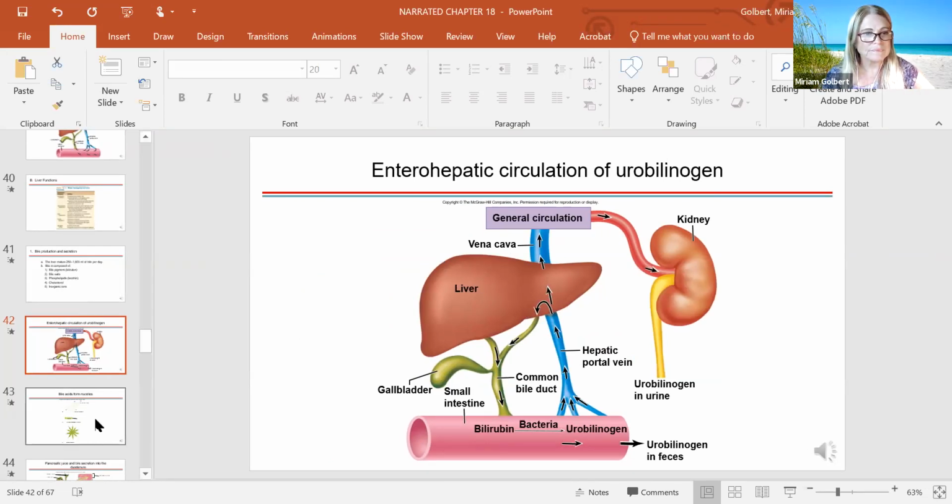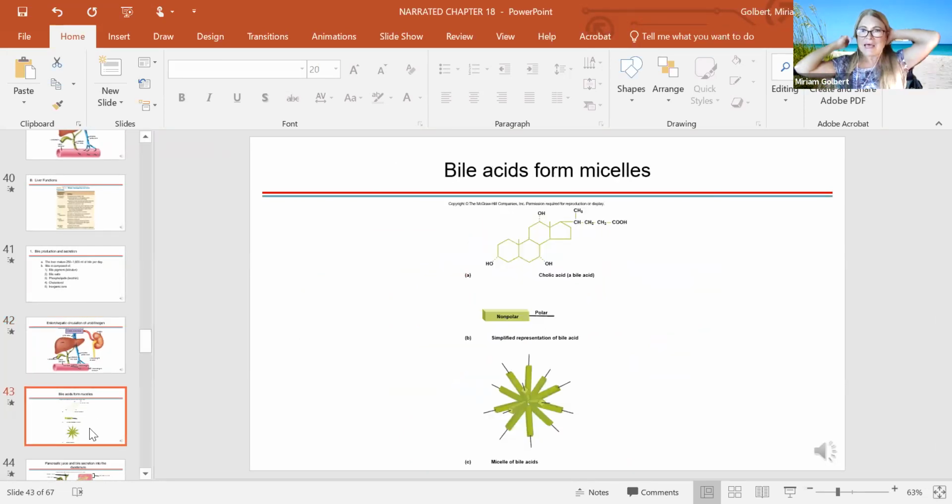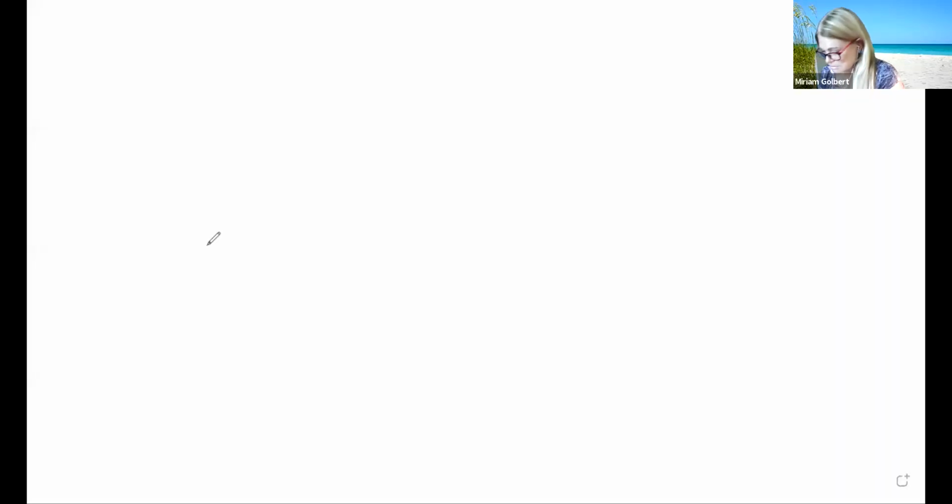All right. So how is it that bile helps us break down fat? Bile, let's see if I can do this because it's easier for me to do this. I'm going to make fat yellow.